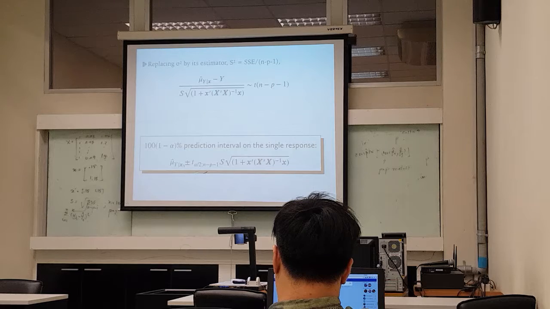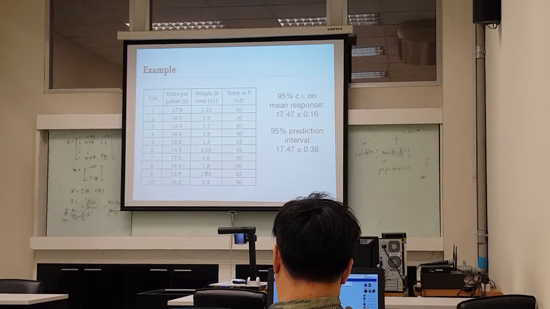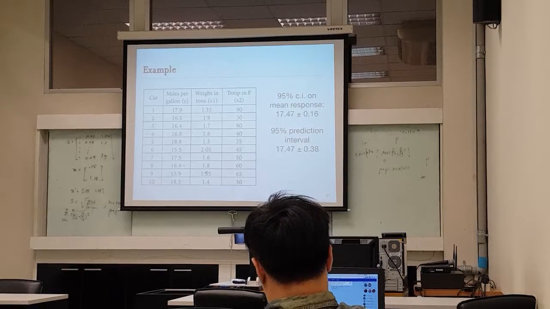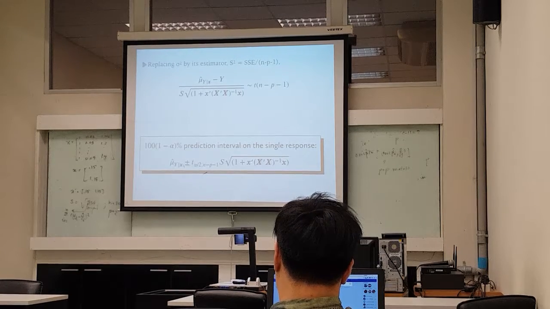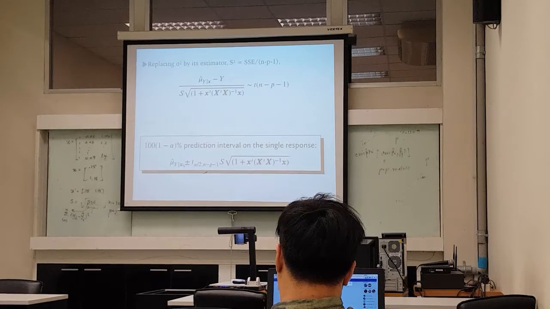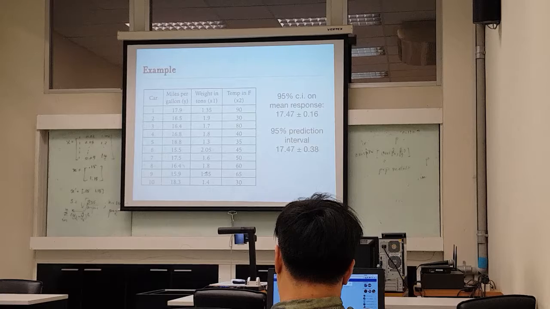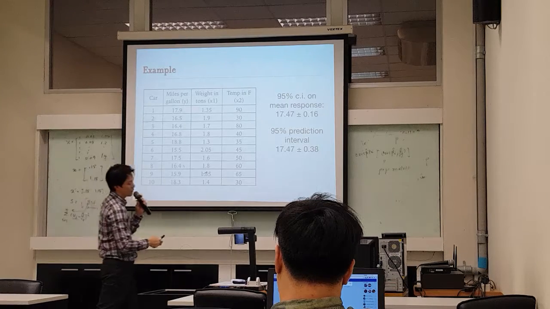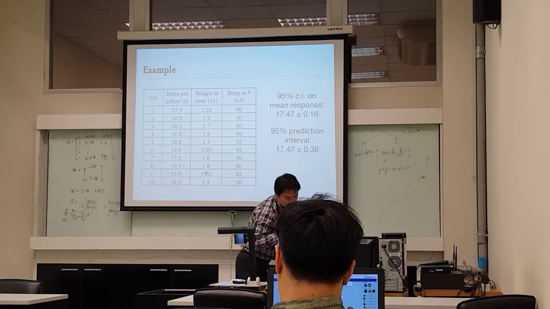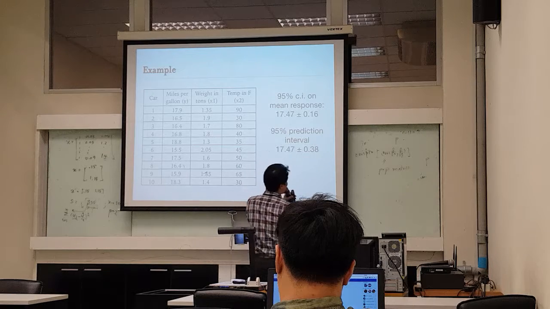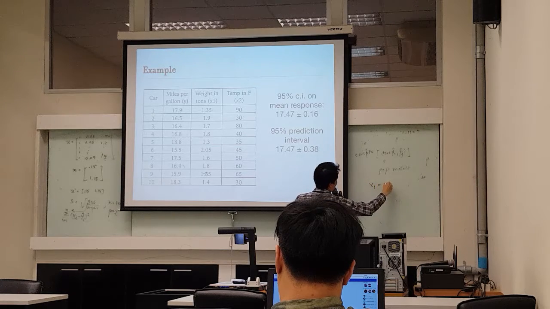So you just plug in the value of s and the observation x, and the data that you used to fit the model. This example, let's go back and work out at home. So you fit the regression model and plug in the value of s and the value of x transpose and x observation. In this case, your x is this data, x1 is 1.5, x2 is 17.